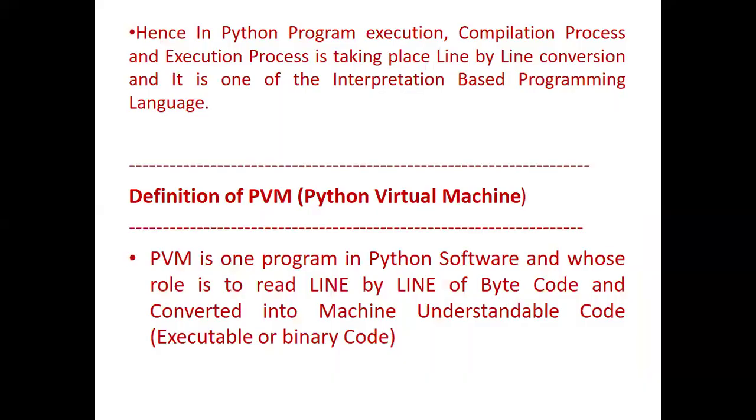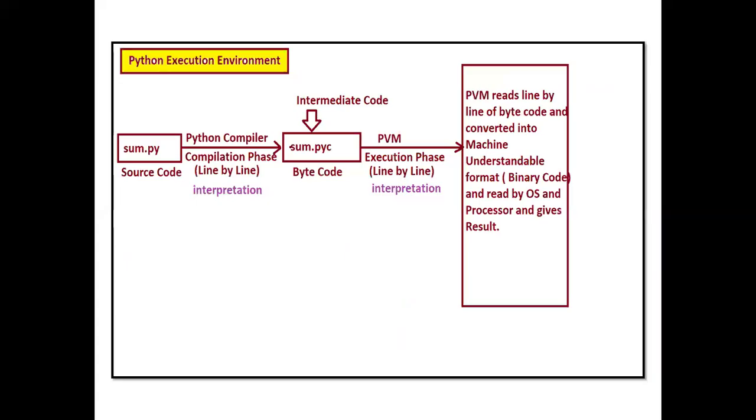Let me show you with the help of a diagram. See, this is the source code. I have saved one file with the name sum.py. I'm running one program where I'm trying to find the sum of some variables. This is the source code. The compilation process takes place.